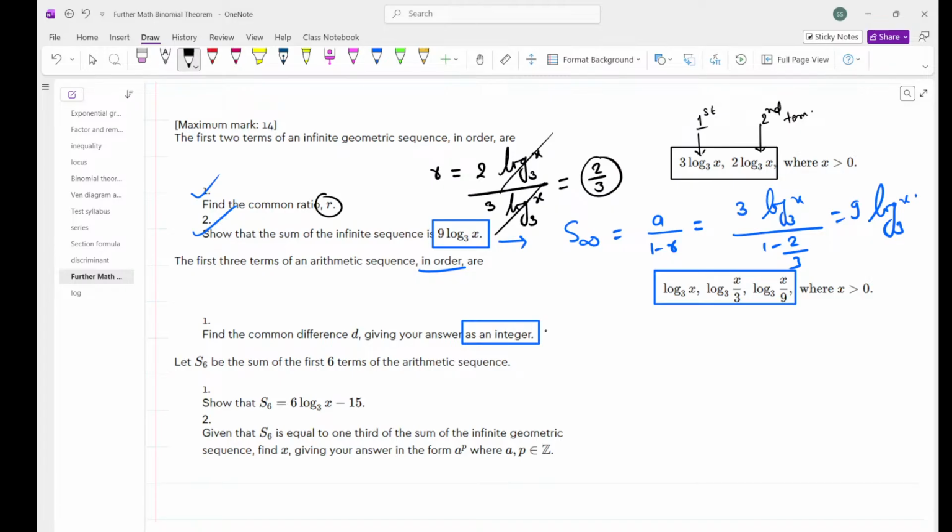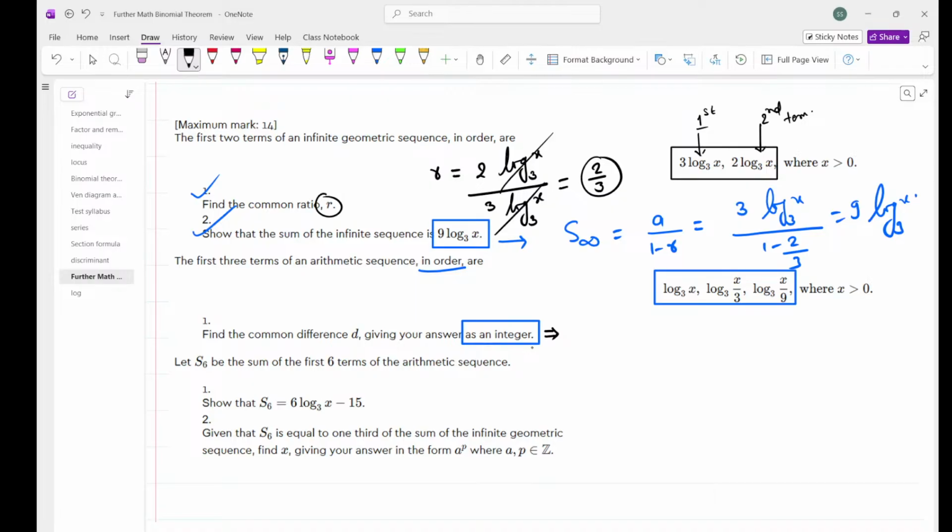So x over 3 divided by x, so it will be x over 3 times... X over 3x, you get 1 upon 3, 1/3.